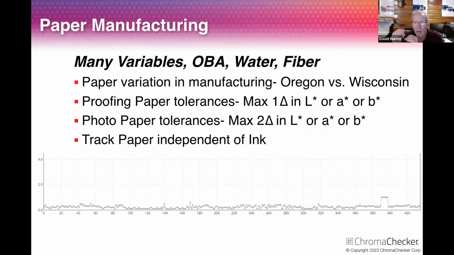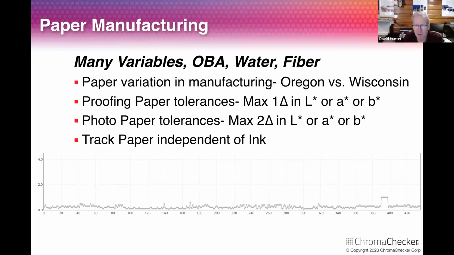So there's a reason why you're paying more for proofing paper. I think they do a terrible job of explaining that to people, but most people until now really don't understand tolerances and what is 1 delta E and so forth.